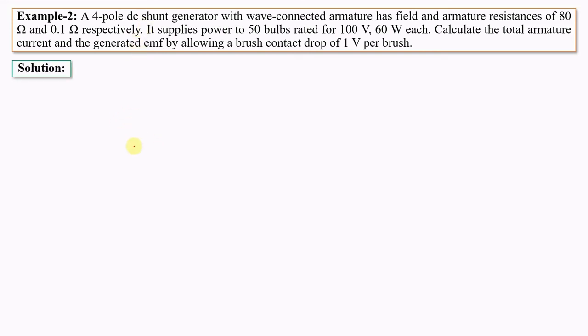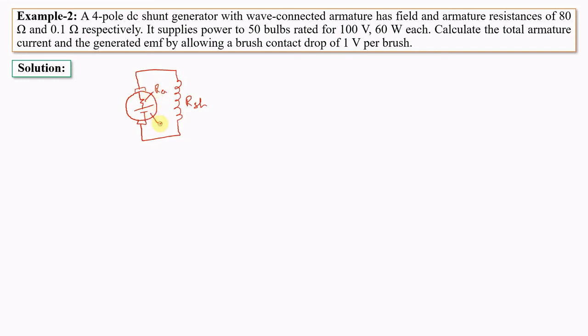So again, it is a shunt generator. So first of all, draw the figure. It is armature winding resistance, generated EMF, shunt field winding resistance. It is armature resistance.